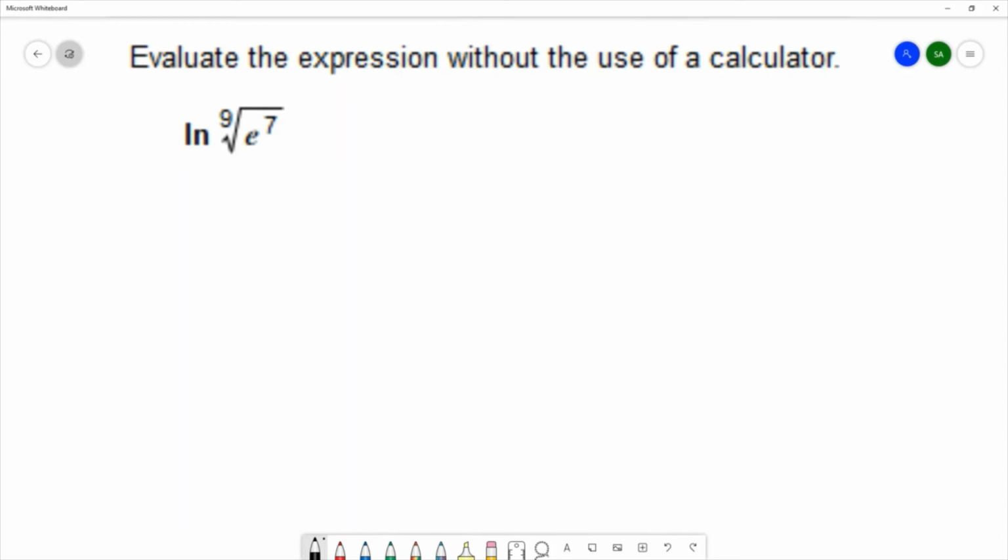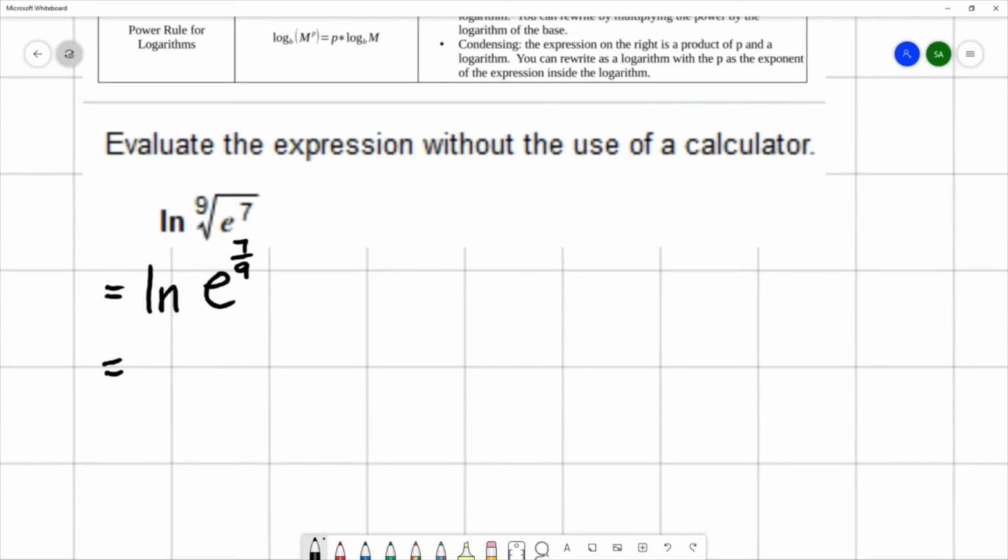So this is the 9th root. We can write the 9th root of e to the 7th as e to the 7/9.